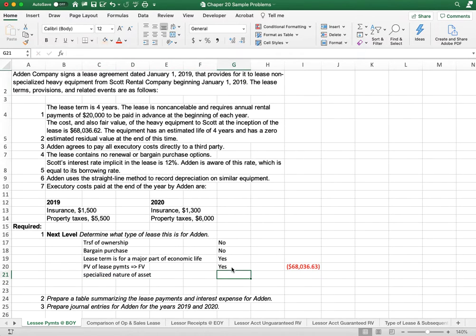And that's not the case here. It said non-specialized heavy equipment, so that's a no. And so based on the fact that we have a yes to one of these 5 questions, we know that this is a finance lease, and so that's the answer to our question 1.